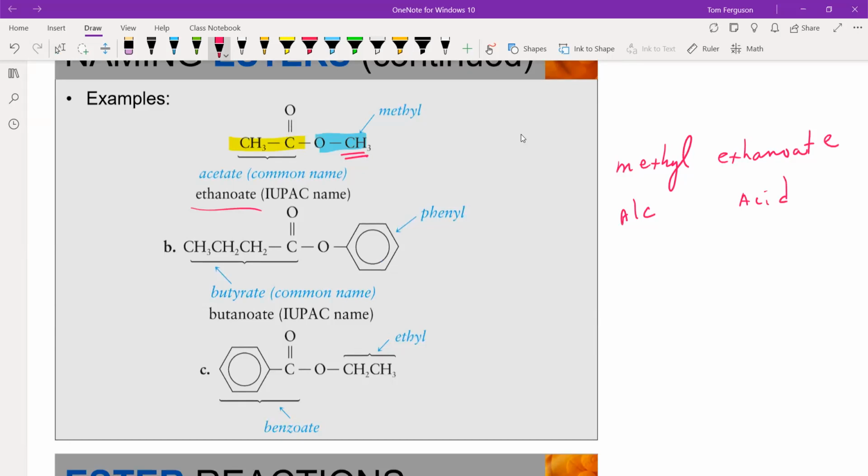Now, ethanoate is usually referred to as the common name derived from acetic acid. They call it acetate. You can use either one in this class, unless I ask you for the IUPAC name specifically in a test question. Okay, does this make sense?